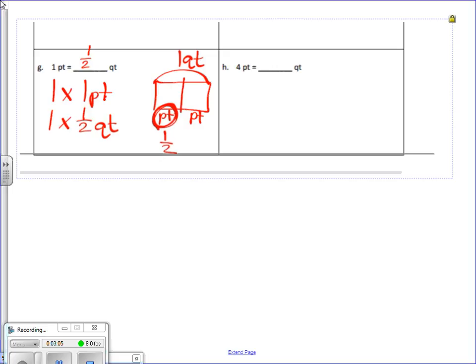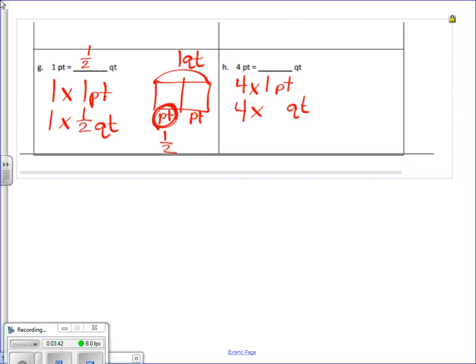If I have 4 pints, 4 times 1 pint. So again, I'm going to quarts. I'm going from a small unit to a big unit, which means I divide, so I should have a fraction. 4 times, I'm going to a quart, 1 pint in relation to a quart.